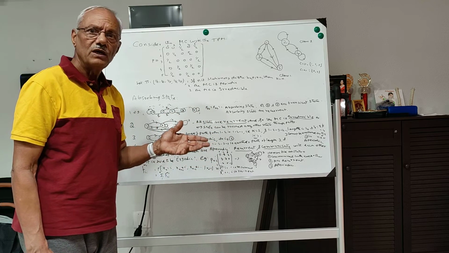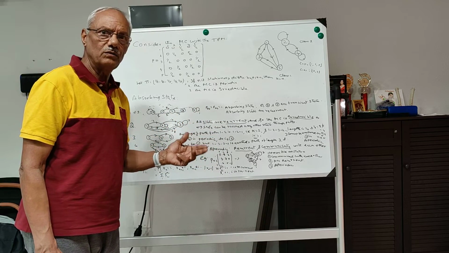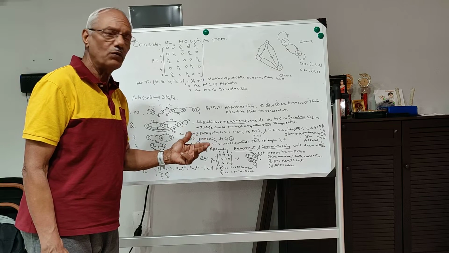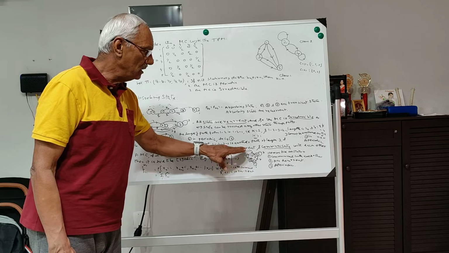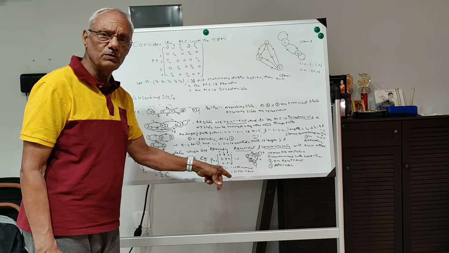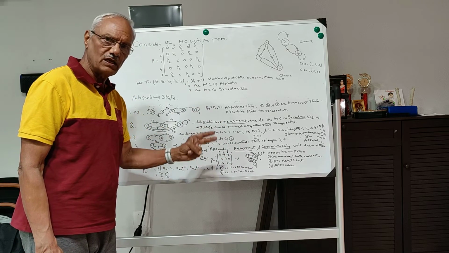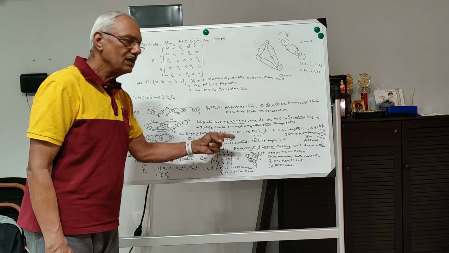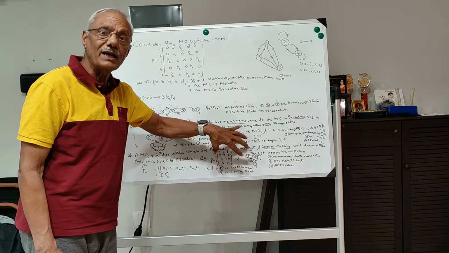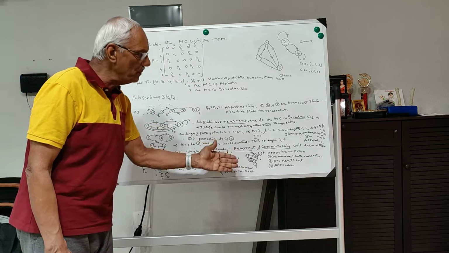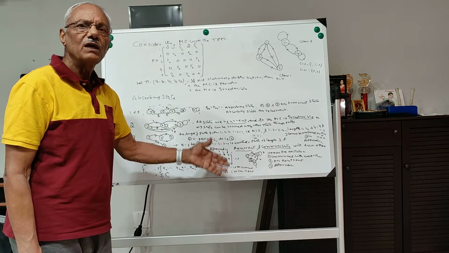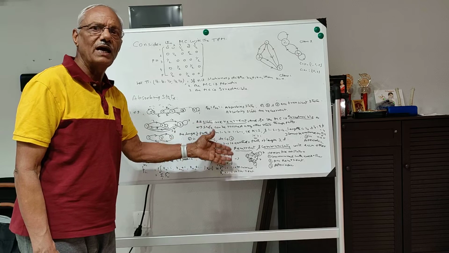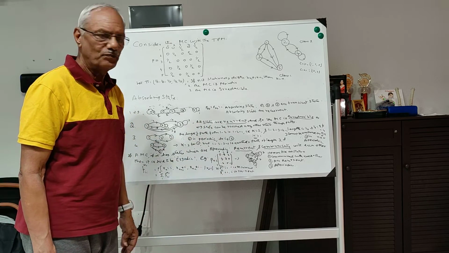So what are the three things that we have got in this? One, the states are irreducible. Number 2, the states are aperiodic, and the states are recurrent. When these 3 properties are satisfied for a Markov chain, we call the Markov chain ergodic.